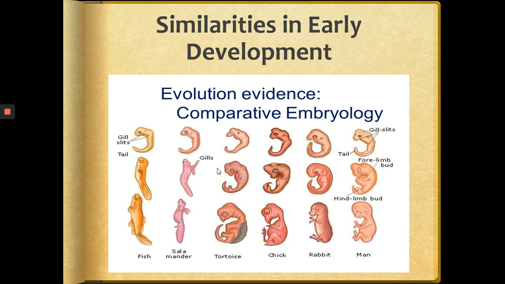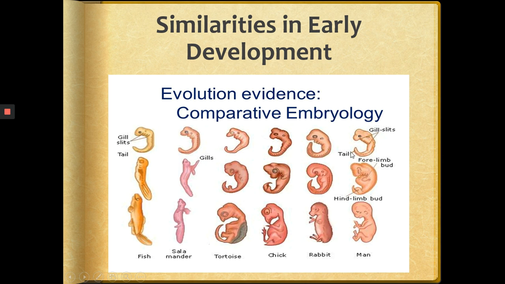I have a similar picture here where there's a fish, amphibian, a reptile, bird, and then 2 mammals: our fish, salamander, tortoise, chicken, rabbit, and human. If you look at the early stages of development, every single one of these organisms has gill slits. Obviously, we don't breathe through gills, but in our early stages of development, there are noticeable gill slits.